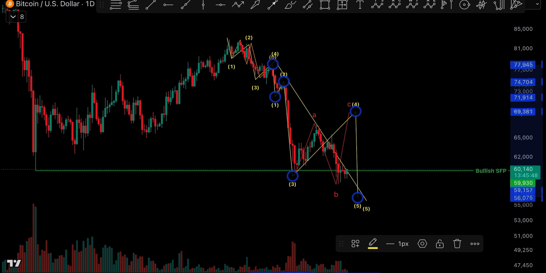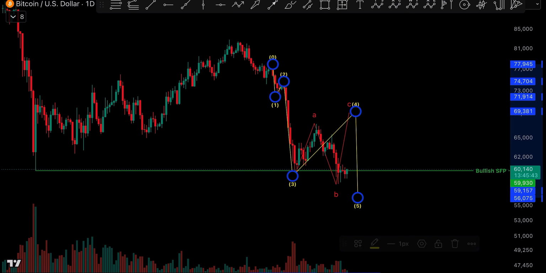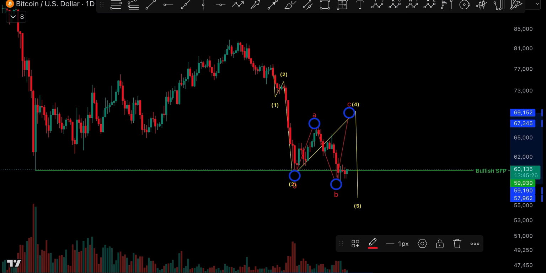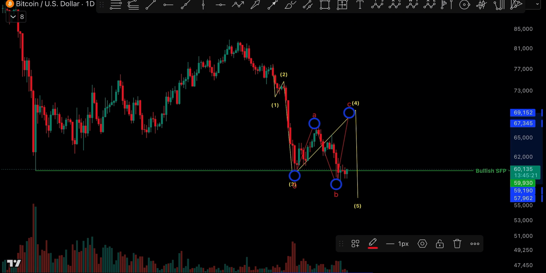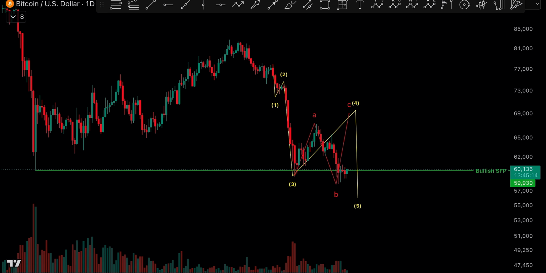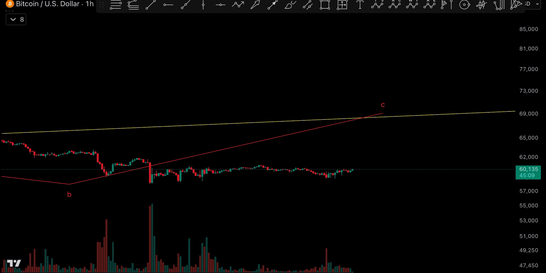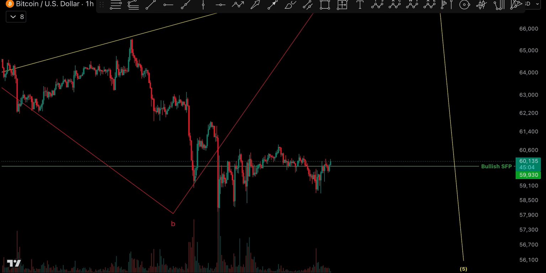So what we see in the smaller time frame right now is that we haven't finished this 5-wave move to the downside. It looks like we are on to the development of this 4th wave here. To finish that 4th wave, we will have to finish this flat correction. If this is a flat correction, then we need the higher targets over here. So we will get into the 1 hourly time frame and check locally on a smaller time frame what is exactly happening in this chart. Let's talk about the bottom first here.